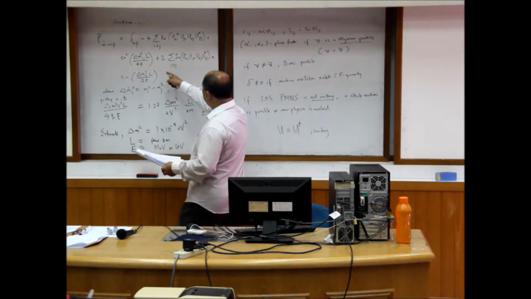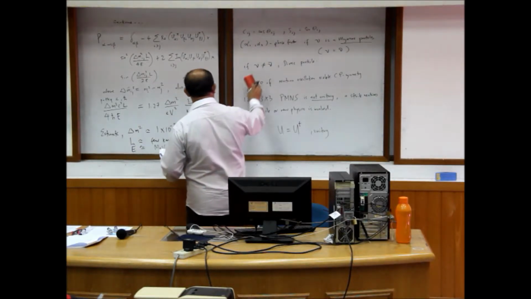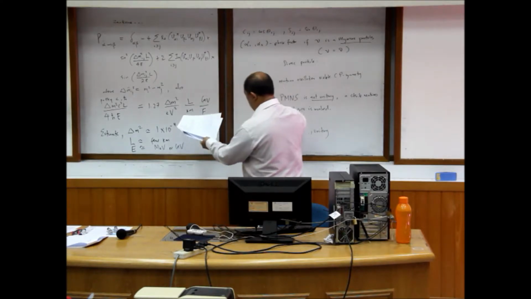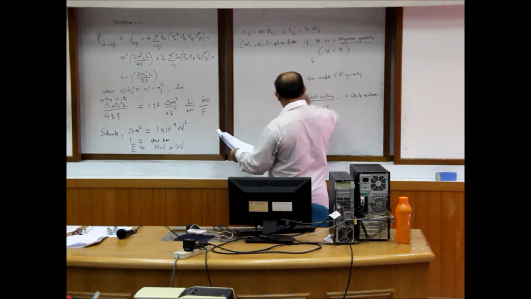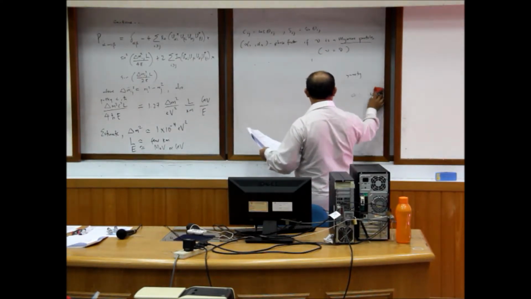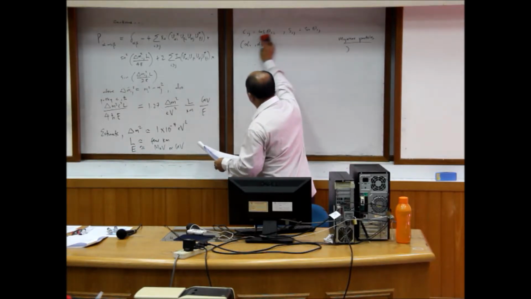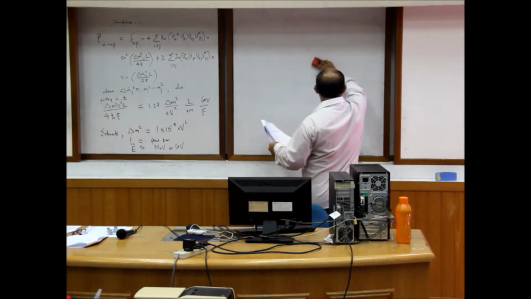Now, there are 3 terms here in this probability. If there is no CP violation, or delta is 0, then the third term is 0. The imaginary part becomes 0.